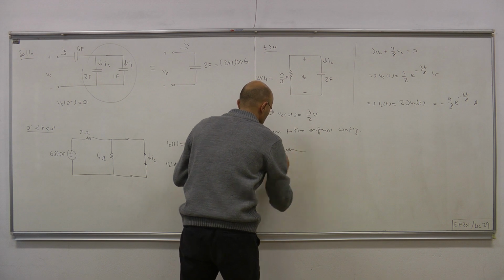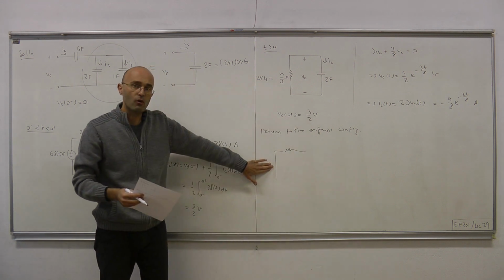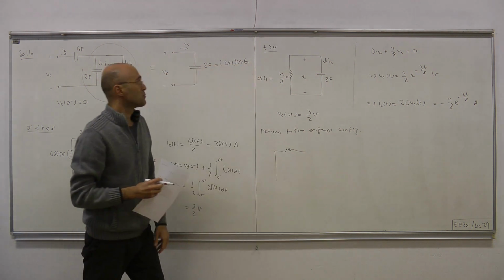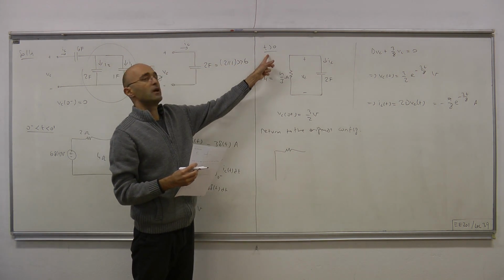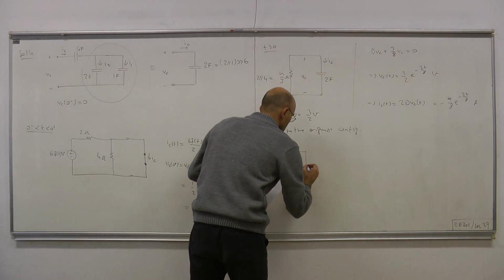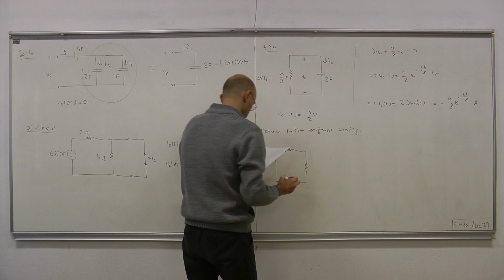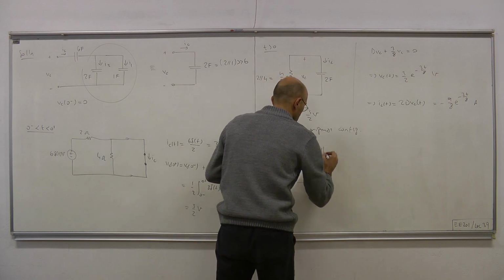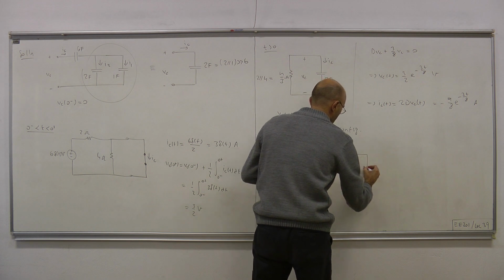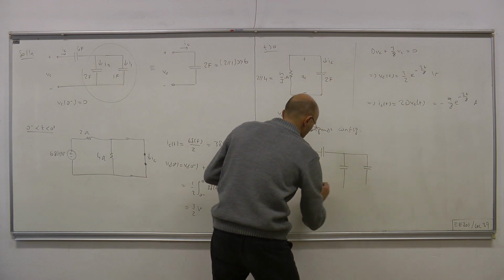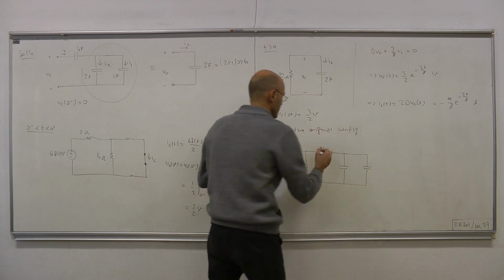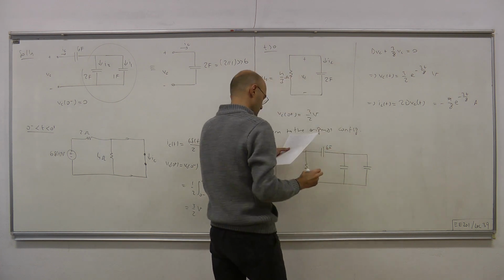Positive. Now we have short circuit for the voltage source, because voltage source is impulsive and we're considering the case T is larger than 0. We have the resistors here. This is a 6 farad capacitor.